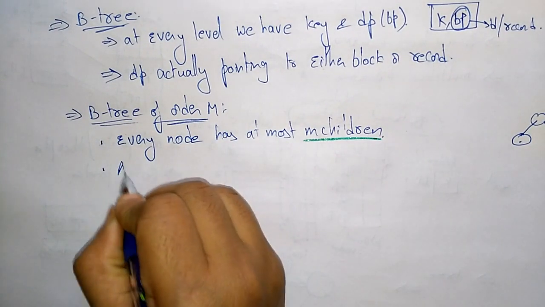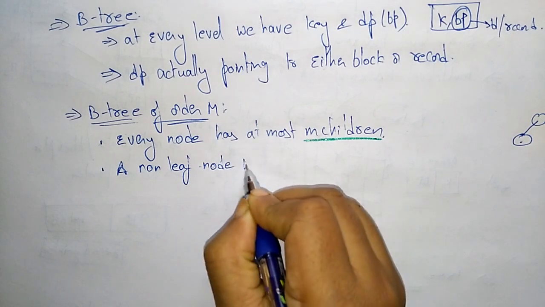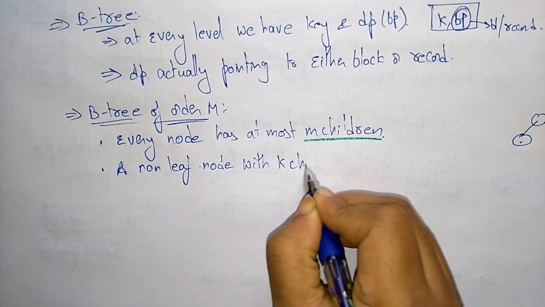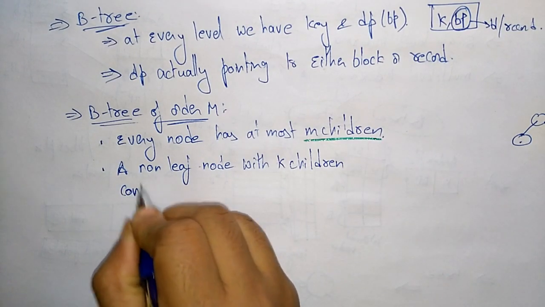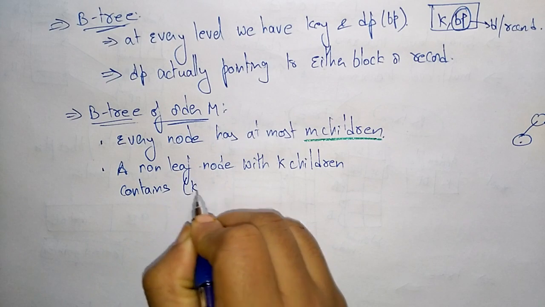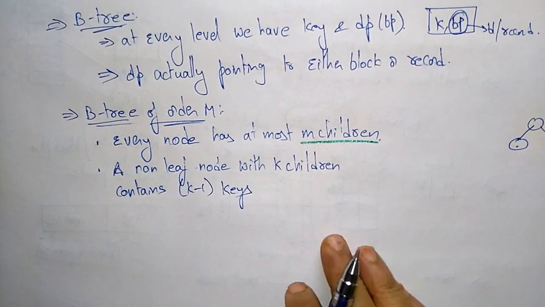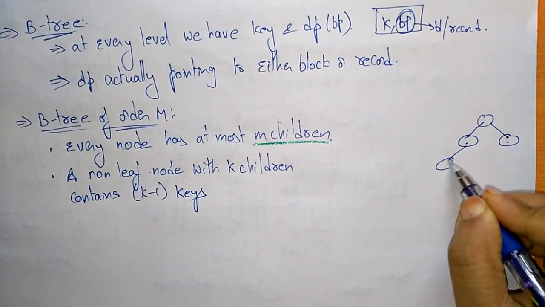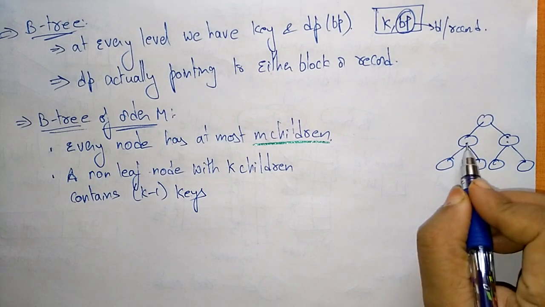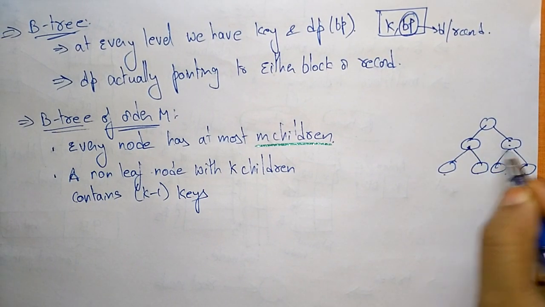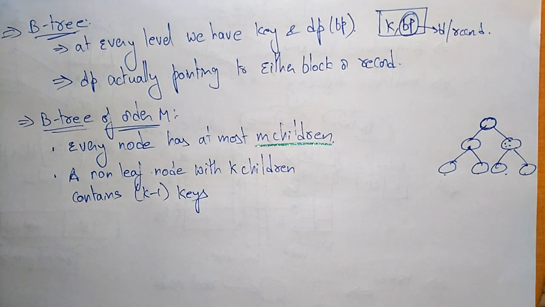Next, a non-leaf node with k children contains k minus 1 keys. So what does it mean? A non-leaf node means it has children. So these are the leaf nodes and these you call non-leaf nodes. Or you can take this is also a non-leaf node.